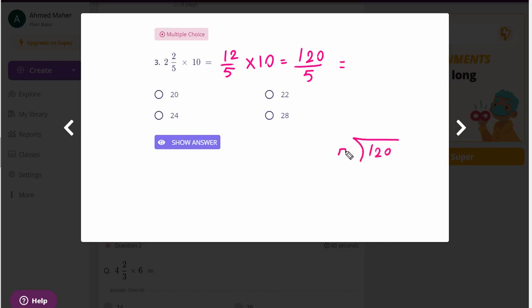12 divided by 5. 2 multiply 5 equals 10. 12 minus 10 equals 2. 2 is the remainder.